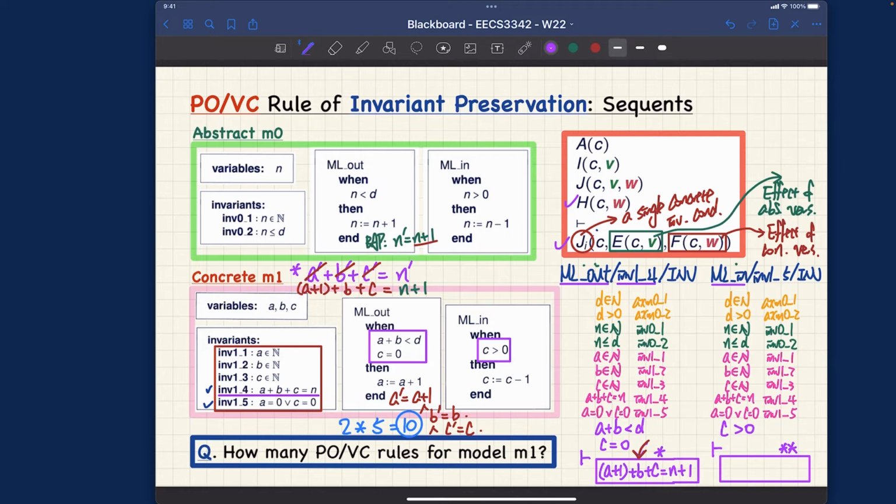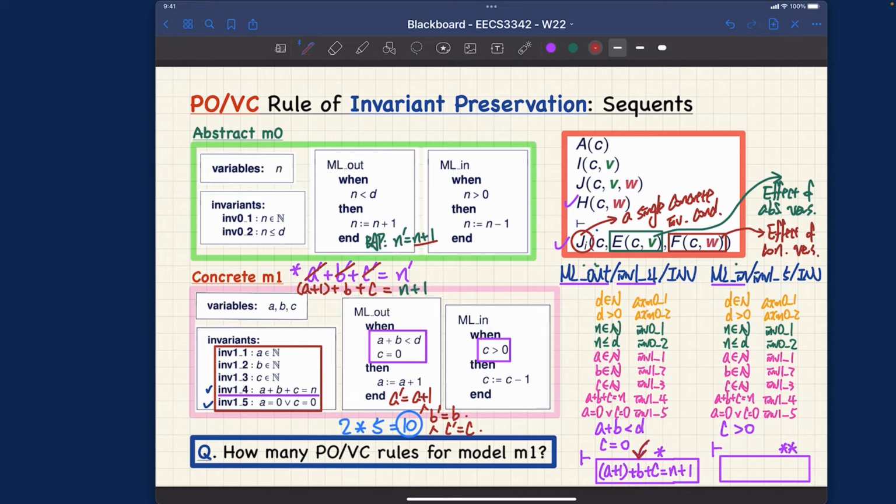Hopefully you're following so far. We don't need to simplify this over here. I think it is more valuable to see exactly what we have done in terms of the substitution. You can think about A prime plus B prime plus C prime equals M prime, and for A prime, B prime, C prime, and M prime, we replace them by their pre-state evaluation based on the before-after predicates for the abstract and concrete version.